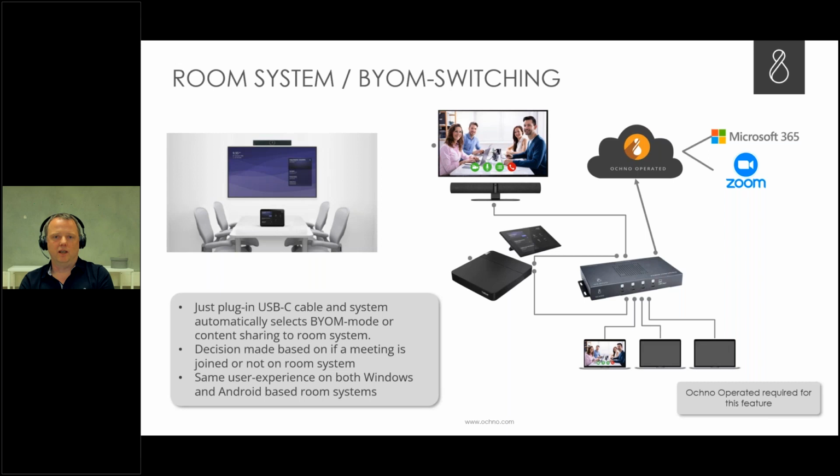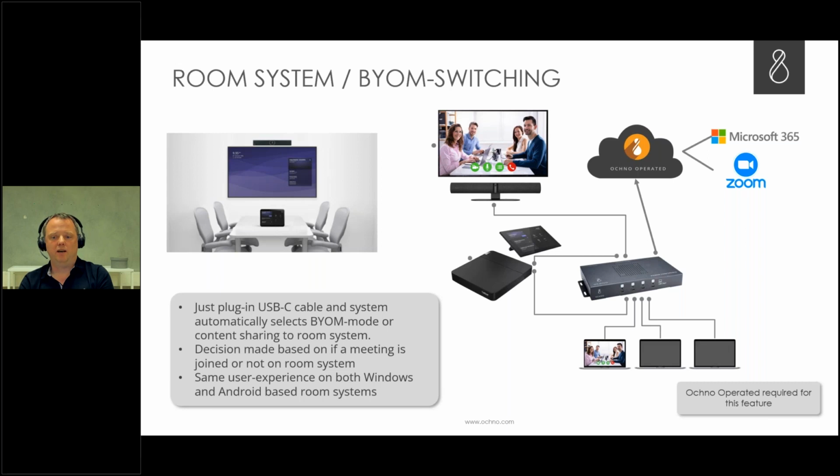So if you want to run a meeting on your laptop, a bring your own meeting scenario, you want to run Google or something else on your laptop, you need a way to switch the video and the equipment in the room to your laptop instead. So this is what we're doing here.